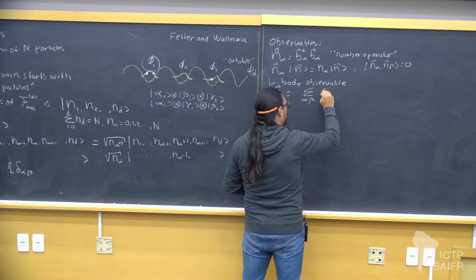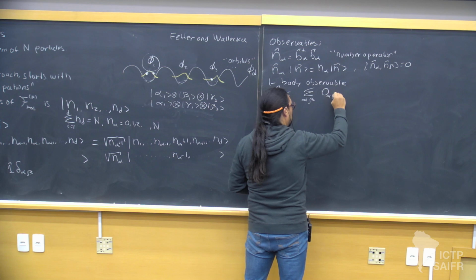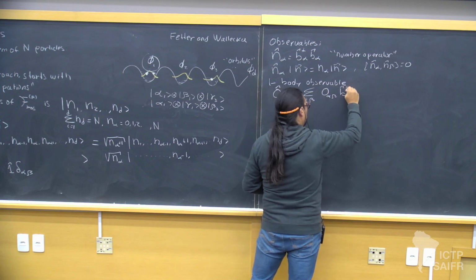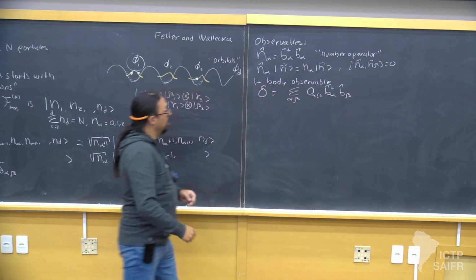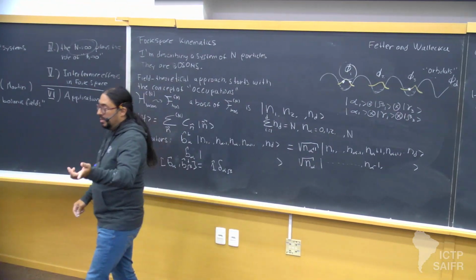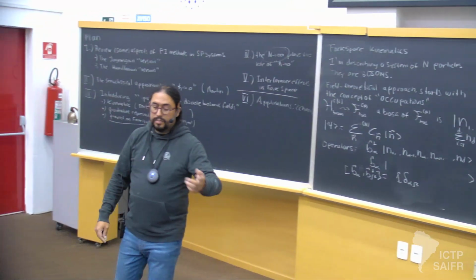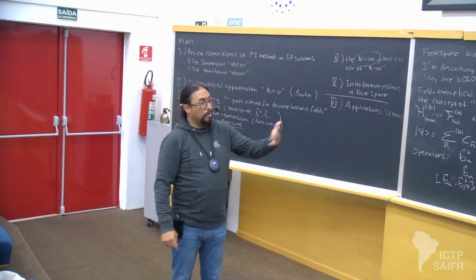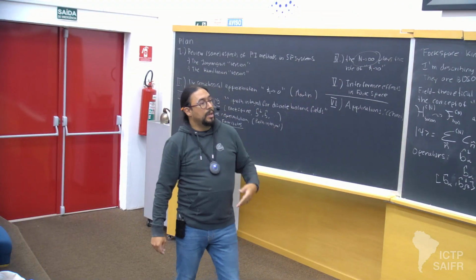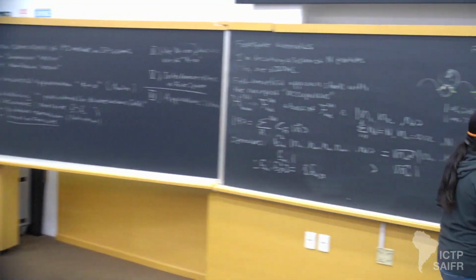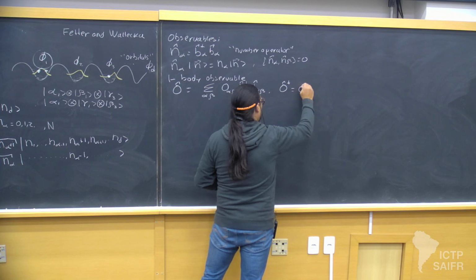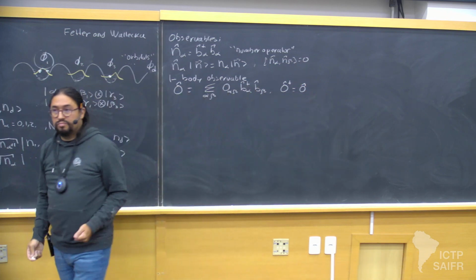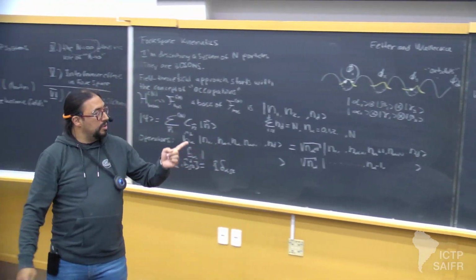So one-body observables are a particular type of one-body operators. A one-body operator is this, but you demand that it has to be Hermitian.